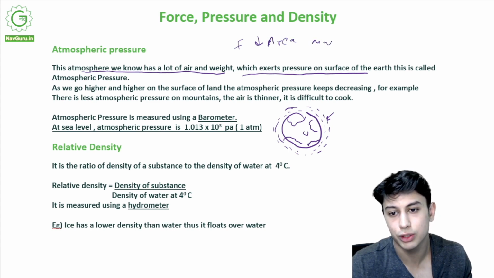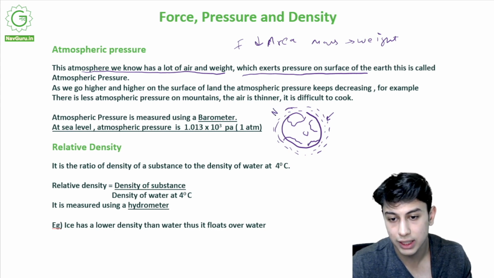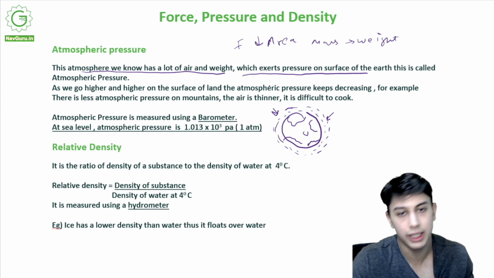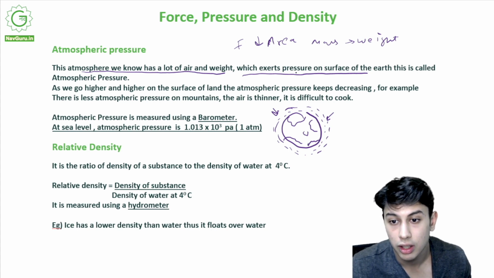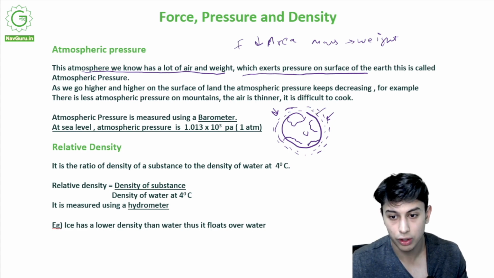Weight means force acting on area. You have mass, you have weight. Since it has a lot of weight, it has a lot of force exerting where it stands. If you are someone of 100 kg, you will put a lot of force on the ground. Similarly, our atmosphere also puts a lot of pressure, a lot of force.